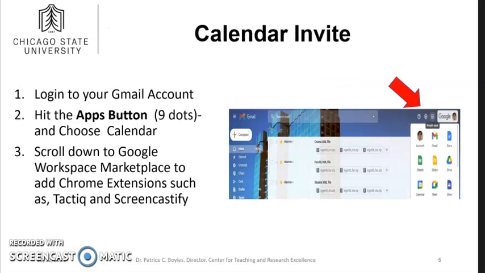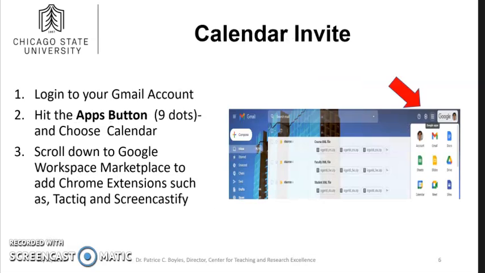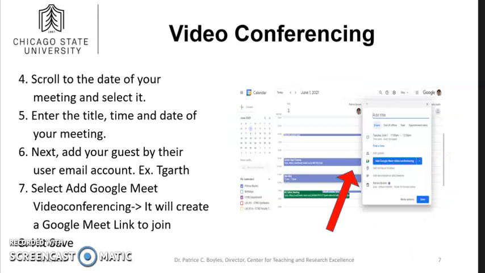The calendar invites are commonly used. You just simply log on to your Google account, go to the App button, and click on Calendar. Video conferencing is also commonly used.